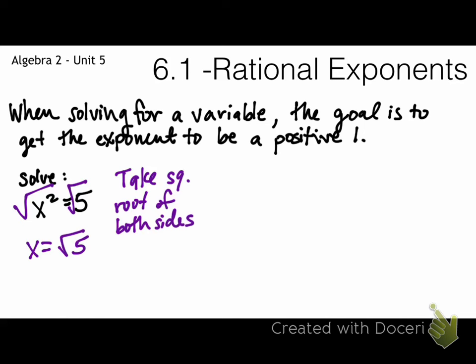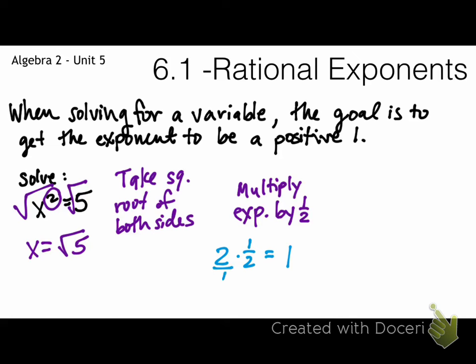So if we are trying to get the exponent of x to equal positive 1, right now the exponent is 2, we would multiply the exponent by 1/2. Because if you have a squared exponent right now, the reciprocal, 2 times 1/2, equals a positive 1.